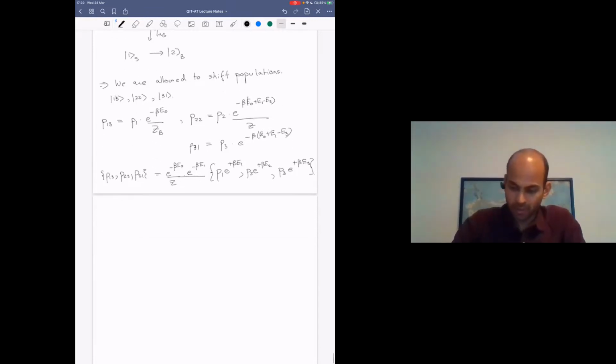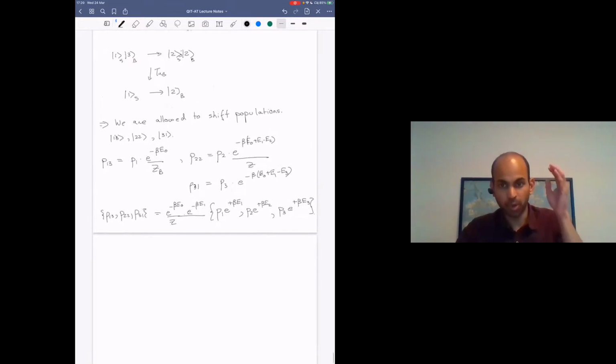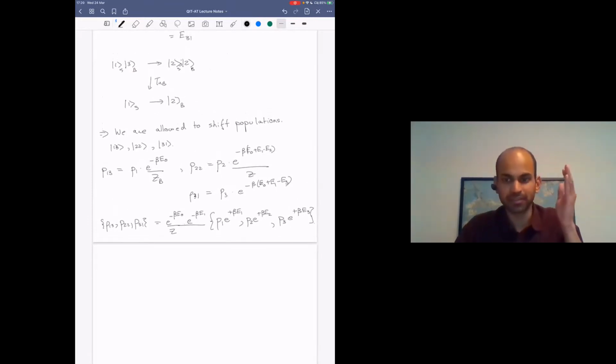Now, what we have done is we have shown that the populations in the degenerate subspace up to normalization look like the populations on the system scaled by the inverse Gibbs constant corresponding to that energy level.